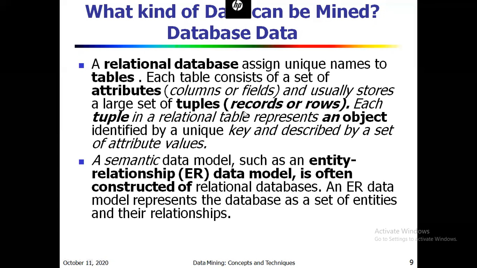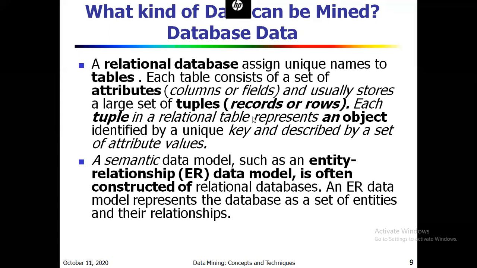Each record or row identifies an object, and this object has a unique key in the database. This unique key is described by the attribute values.